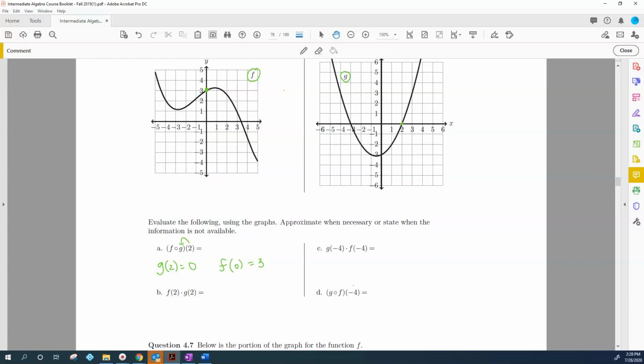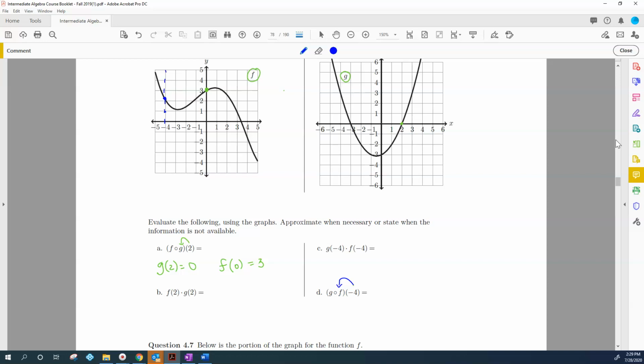Remember, we're putting, let me change this color, that's kind of hard to see. I'm going to put the -4 into the f equation, right? So I'm looking at the one on the left first. So I'm thinking, okay, so when x is -4, that's here, right? And then I'm looking, where does that cross my graph? And that would be right here, right?